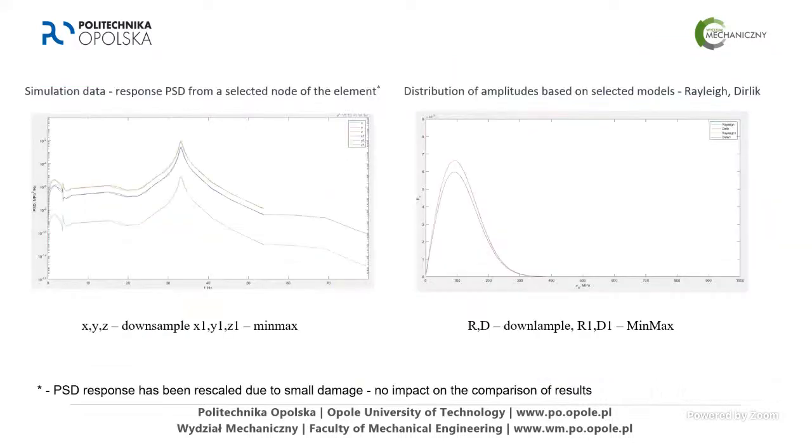We take the PSD from the selected node of the element. And of course, due to the small damage, we decided to rescale the PSD response, but it has no impact on the comparison of the results. And first, we have the distribution of amplitude based on the selected Rayleigh and Dirlik models.